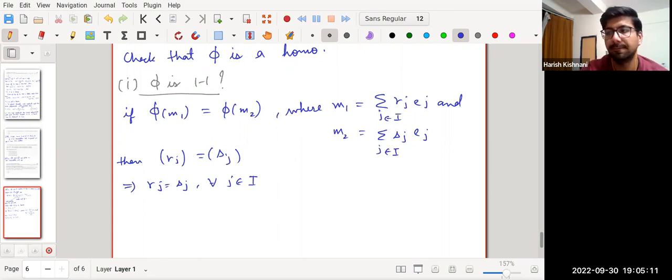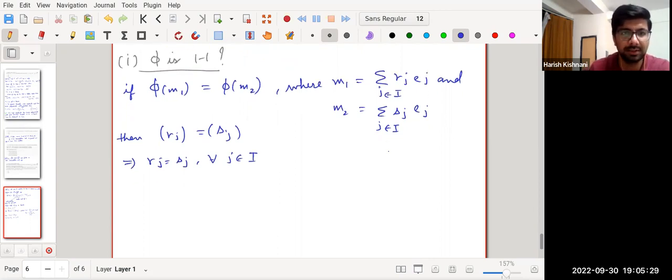Yes. So this implies that m1 is m2. So one-one is done.